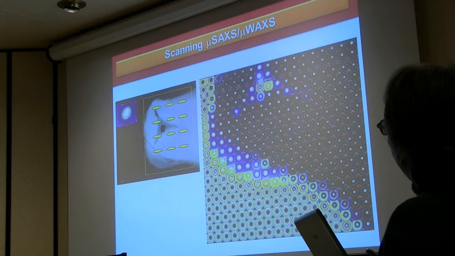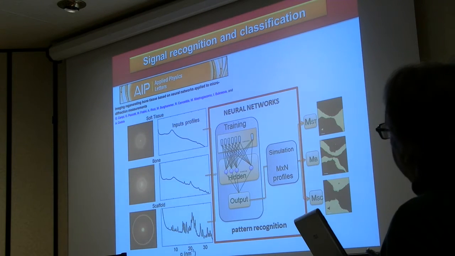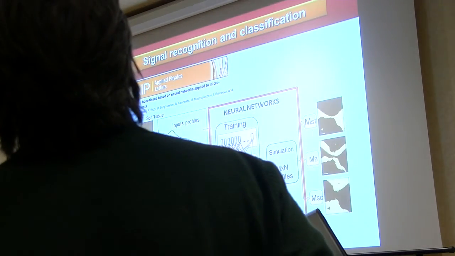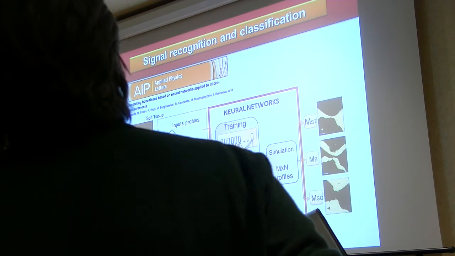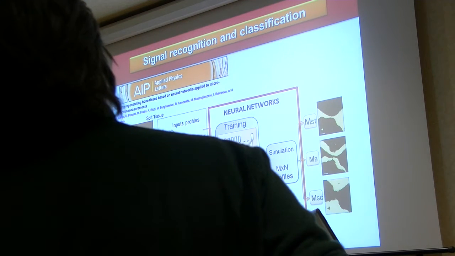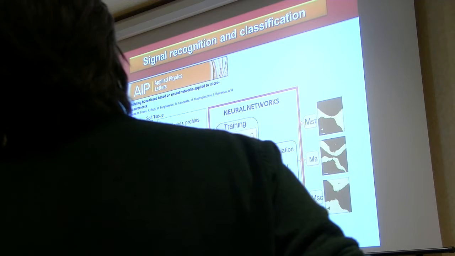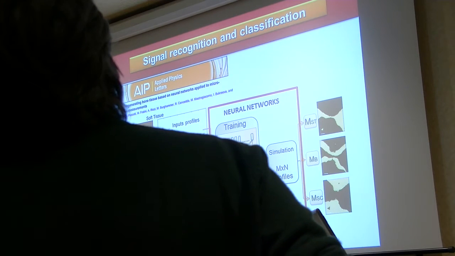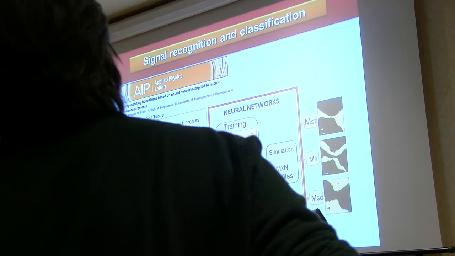You take a frame point by point, and then you need software to classify your patterns, because you take point by point profiles from collagenous, from newly formed bone, from the scaffold, and you also have a large range of Q, because in this way you can study in a small angle region the nanostructure, in the intermediate region the collagenous matrix of about 1 nanometer, and in the wide angle region you can study the crystalline properties of the materials.